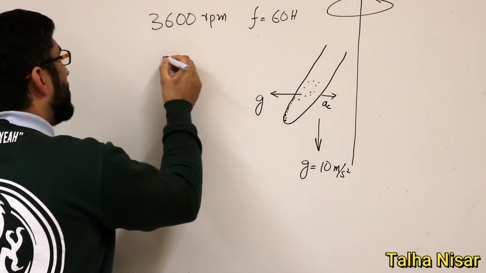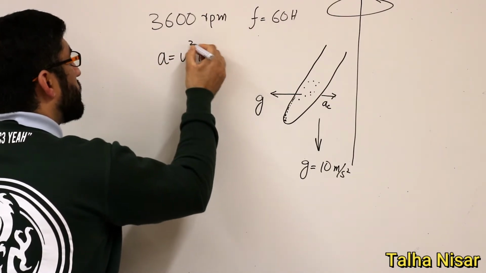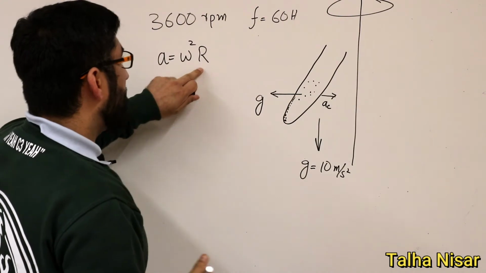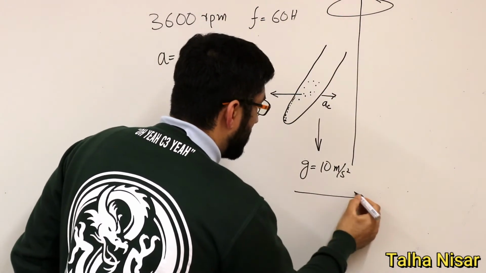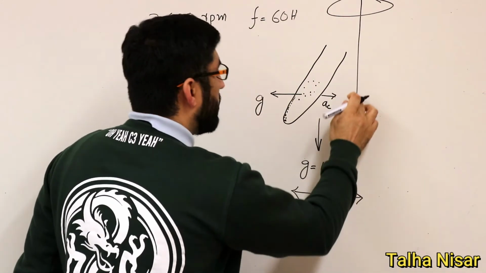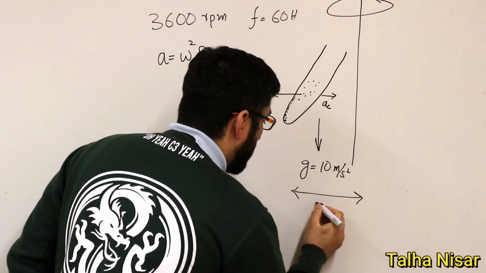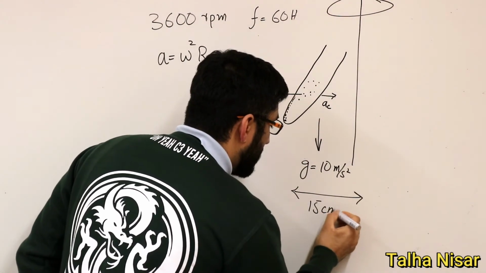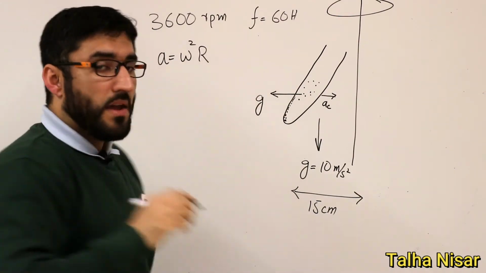As we know, the acceleration is equal to omega squared r, where r is the radius, the distance from the center of the axis to the particles. For example, roughly it's around 15 centimeters. We know r, but we want to know omega.